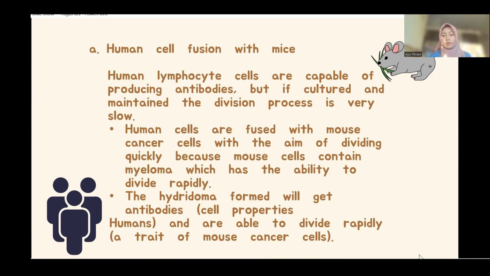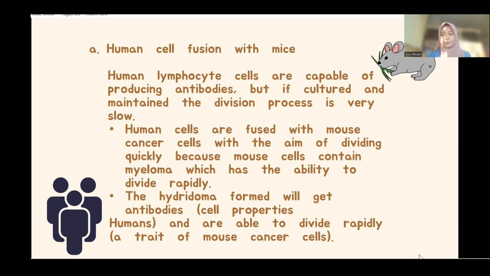Human cells are fused with mouse cancer cells with the aim of dividing quickly because mouse cells contain myeloma, which has the ability to divide rapidly. The hybridoma will get antibodies, cell properties of humans, and are able to divide rapidly like the mouse cancer cells.